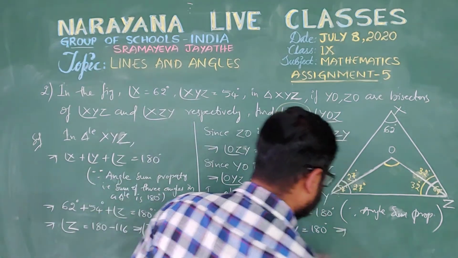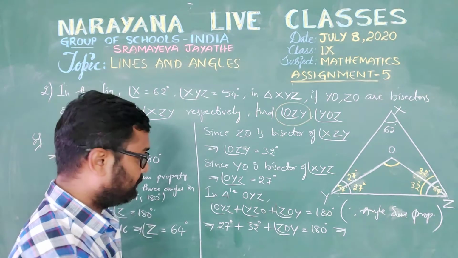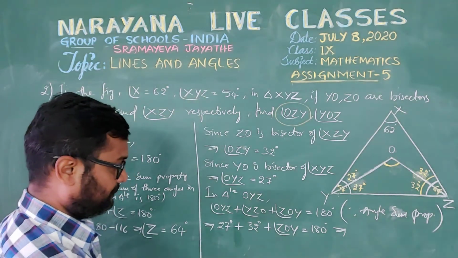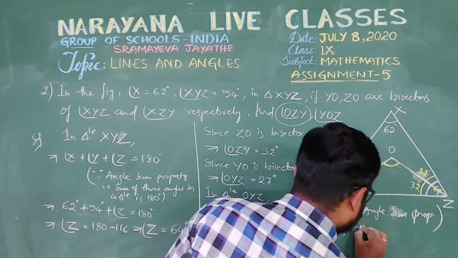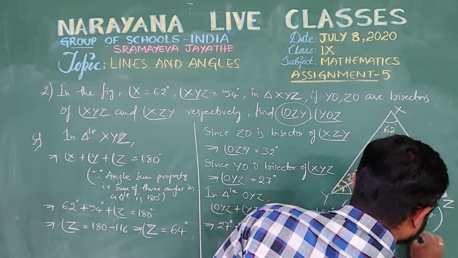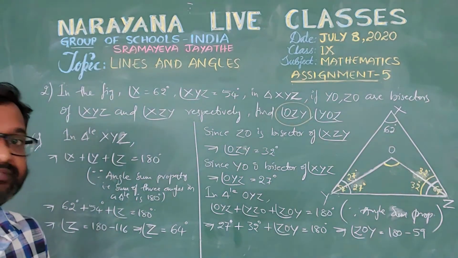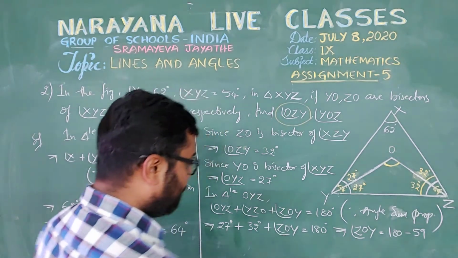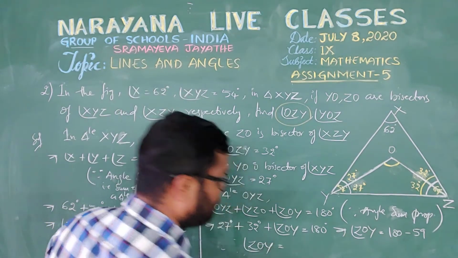Then see here, this 27 plus 32, how much? 59, isn't it? Now angle ZOY is equal to 180 minus 59.